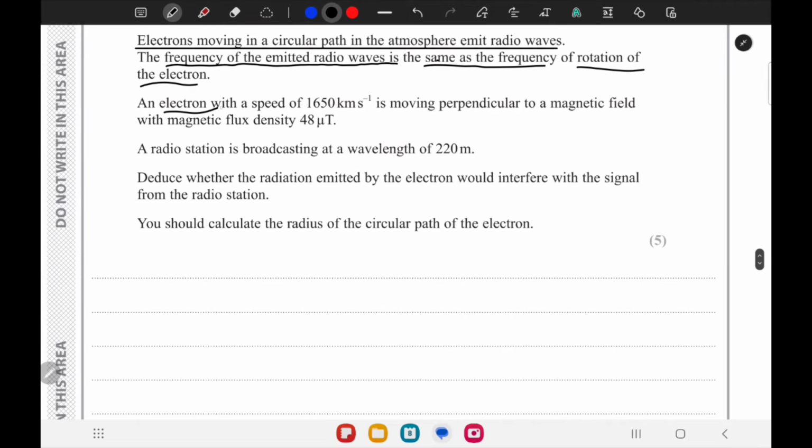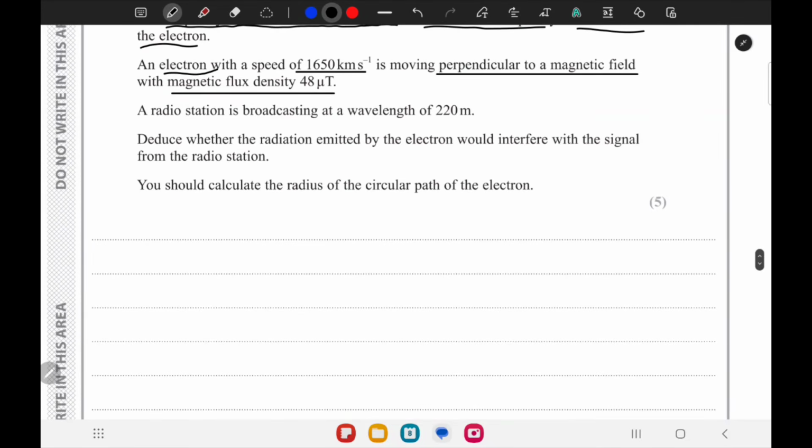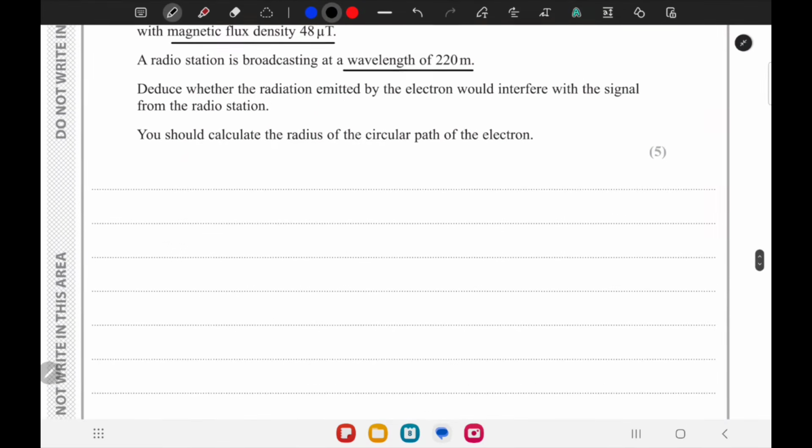We're told that an electron with speed 1650 km per second is moving perpendicular to a magnetic field with magnetic flux density 48 microtesla, and that the radio station is broadcasting at a wavelength of 220 meter. We have to find out whether the radiation emitted would interfere with the signal.